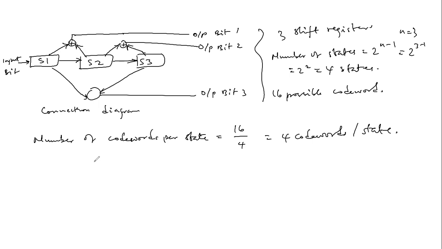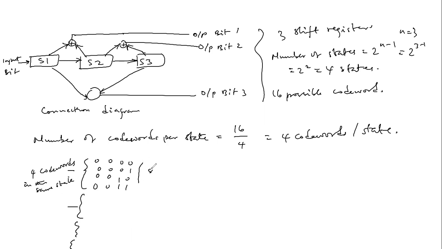Let's take the first 4 bits: 0 0 0 0, 0 0 0 1, 0 0 1 0, 0 0 1 1. So it means that these 4 sets will be in the same state, for code words in the same state. Then another branch of 4, another branch of 4, another branch of 4.